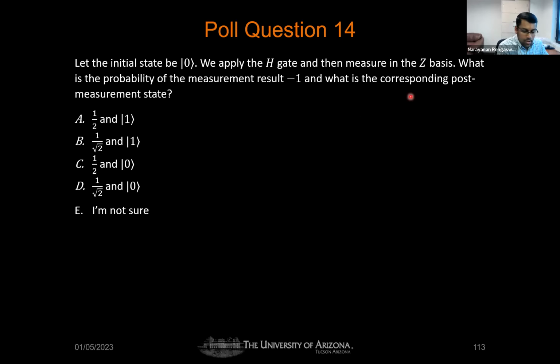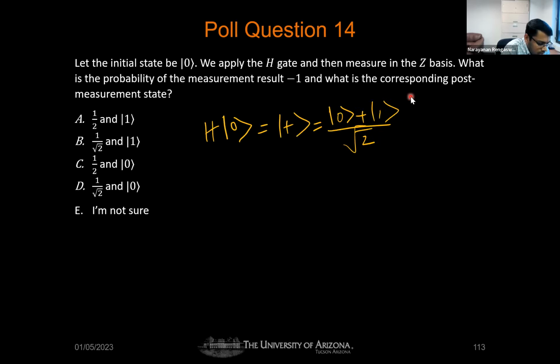So you start with 0, right? And then we apply Hadamard. That gives you the plus state, which we already saw was a superposition of 0 and 1, with the coefficient being 1/√2. Then you're measuring in the Z basis.